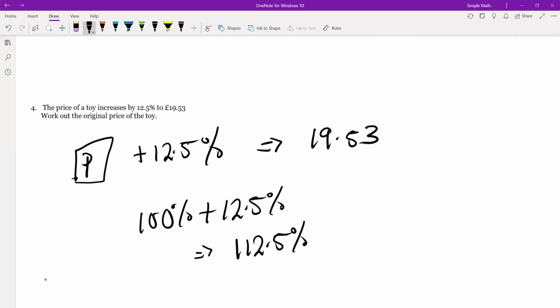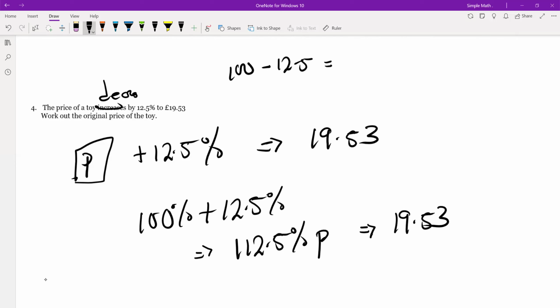So it means that 112.5% of P is going to be 19.53. That's the fastest way. If they had said decreases by 12.5, we just do 100 minus 12.5.